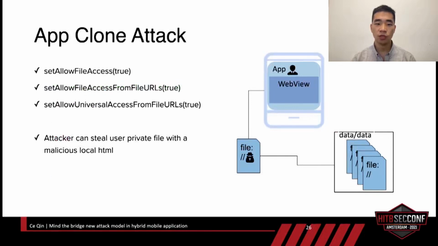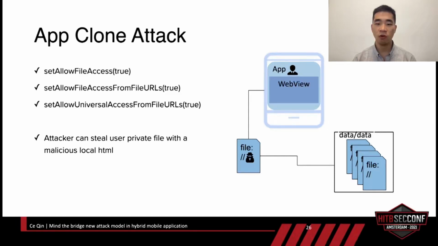Another well-known issue is the APK clone attack. If WebView sets these three functions to true or leaves the default value, an attacker can steal the user's private file with a malicious local file. With the help of setAllowFileAccess, WebView can load a local page.